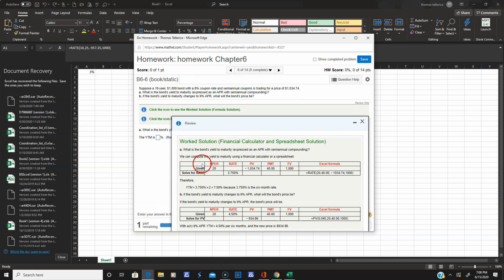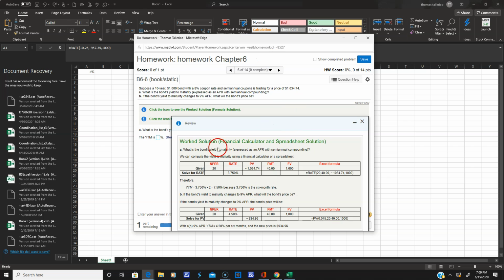So now we know the number of periods is going to be 20. Why? 10 years, and there are 2 6-month periods. What's 10 times 2? 20. Everything is in 6-month periods. Now, here's what you would pay for the bond. They give you that. So far, everything is given. Now, we make that negative because that money comes out of your pocket. You see that up there?